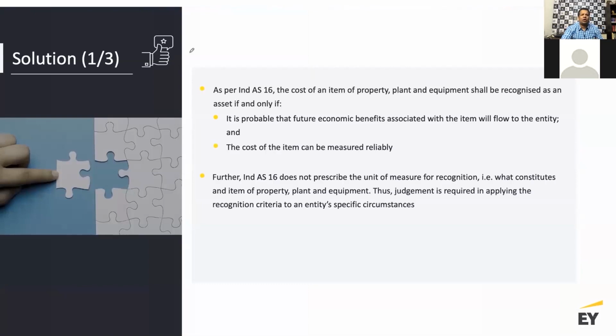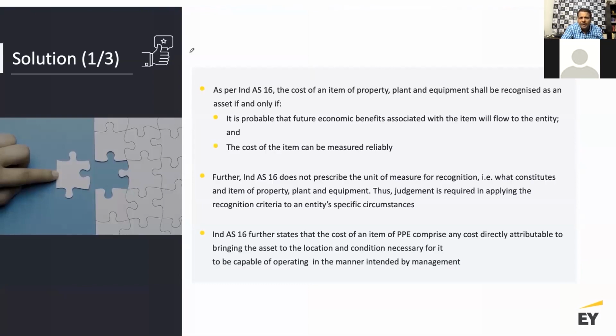Ind AS 16: the cost of an item of property, plant and equipment shall be recognized as an asset if and only if it is probable that the future economic benefit associated with that item will flow to the entity and the cost can be reliably measured. Remember the principles of recognition: it is probable that there is a future economic benefit and you can measure the cost.